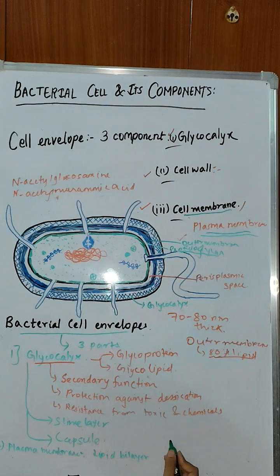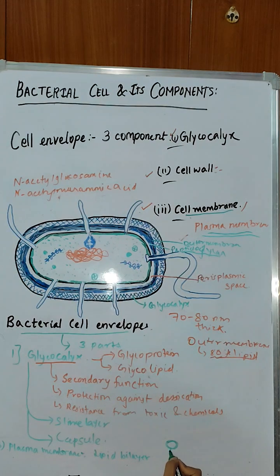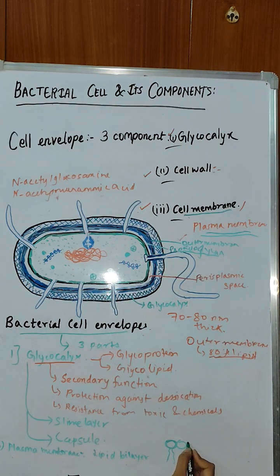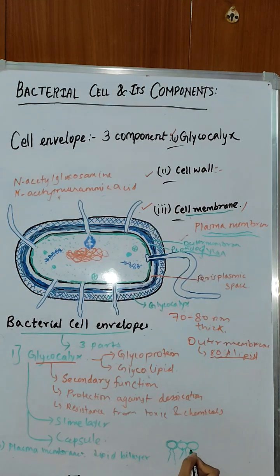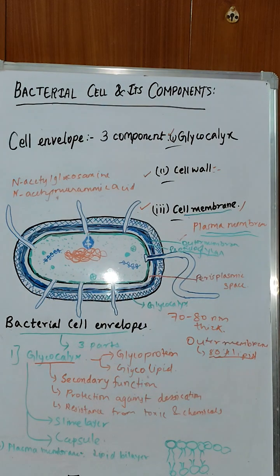We can see over here there is a phospholipid, a polar molecule having two fatty acid chains, and in the same way this kind of lipid bilayer is present. It is the innermost part of the cell envelope.